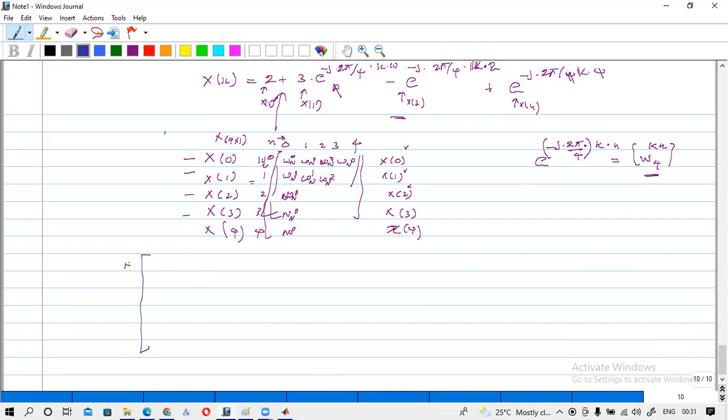So we have n values here: 0, 1, 2, 3, 4, and we have k values here, 0, 1, 2, 3, 4. For this row, all will be 0.